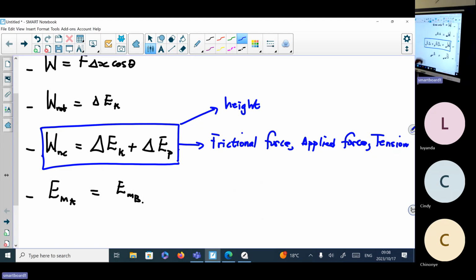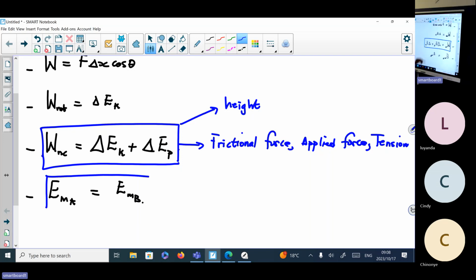If I've got one, firstly, before I can use this formula, I need to check, is there a difference in height? If the answer is yes, then the next question will be, do I have one of the non-conservative forces, which could be a frictional force, an applied force, or the tension force? And if the answer is yes, then you are ready to apply this formula over there.